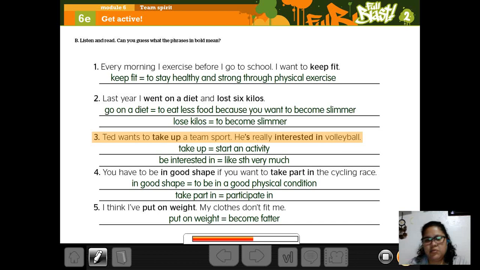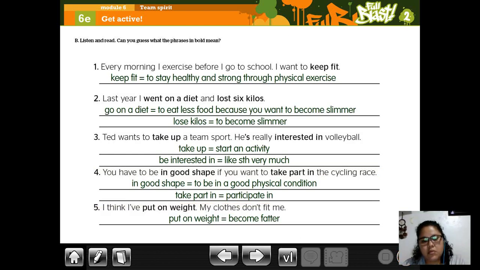Ted wants to take up a team sport. He's really interested in volleyball. 4. You have to be in good shape if you want to take part in the cycling race. 5. I think I've put on weight. My clothes don't fit me.